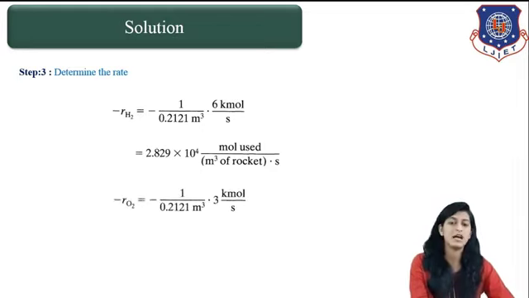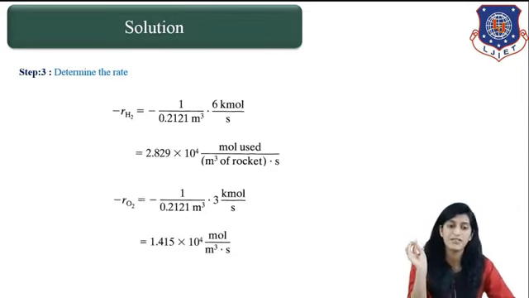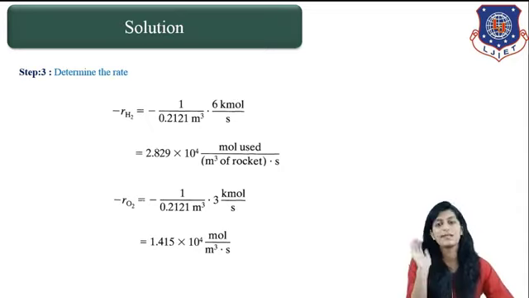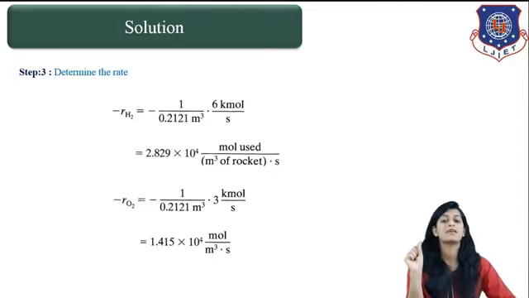This is the amount of H2 which is used, and this is the amount of oxygen. In the last step, we have simply substituted the values which we calculated in the formula to get our final answer. So 2.829 into 10 raised to 4 is the rate of reaction of hydrogen, and 1.415 into 10 raised to 4 is the rate of reaction of oxygen.